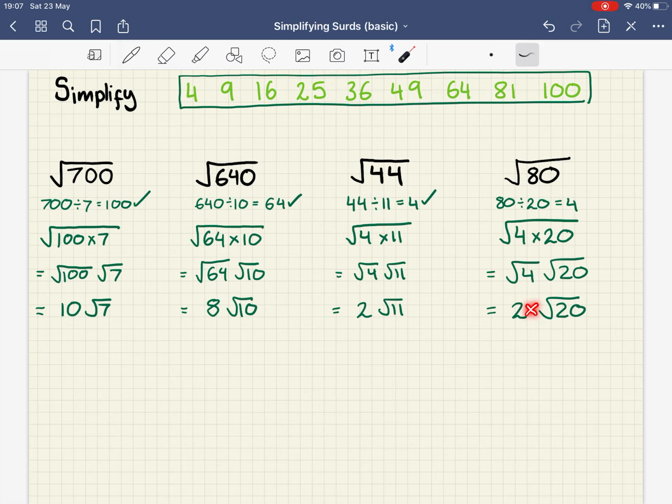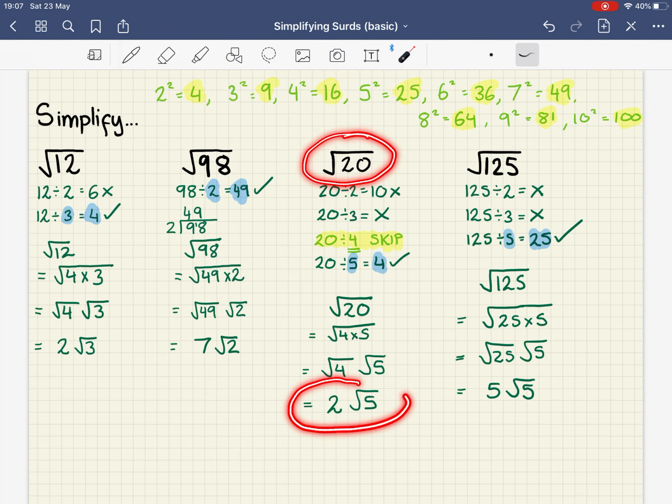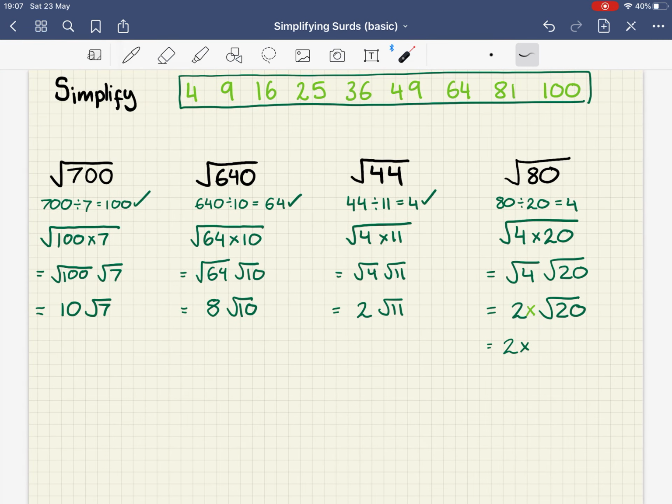So that means they are being multiplied together. So I'm actually going to just draw that in now. And as we found on our previous little bit of questions, root 20 is the same as 2 root 5. So you would go through the motions of simplifying it.